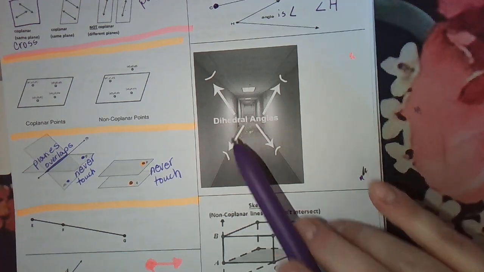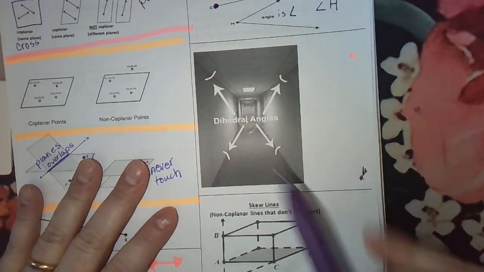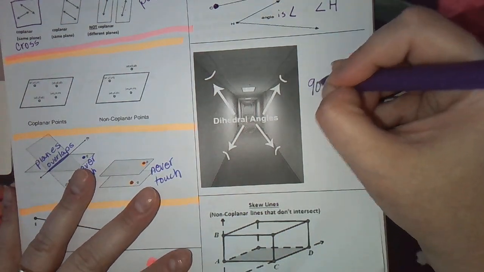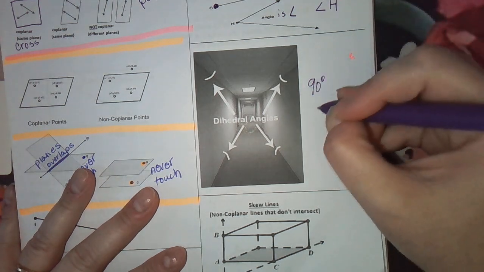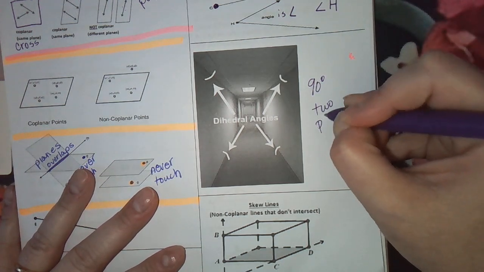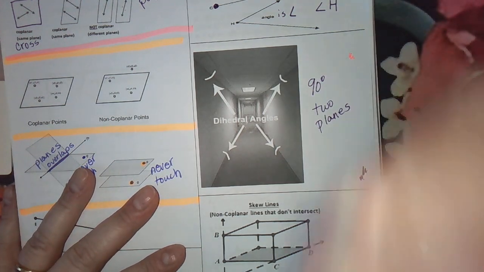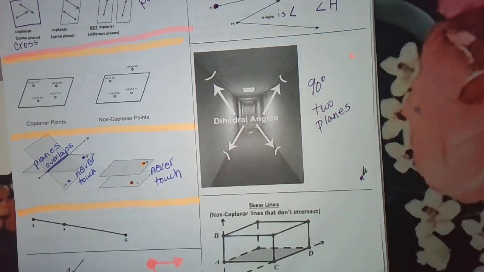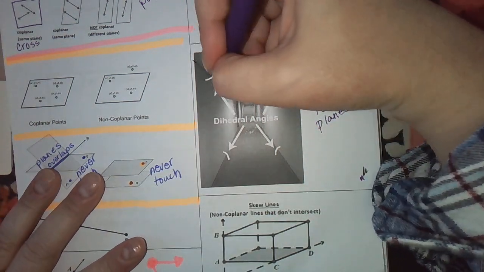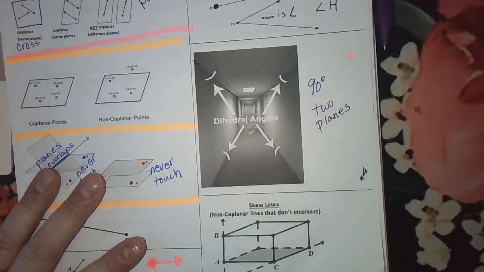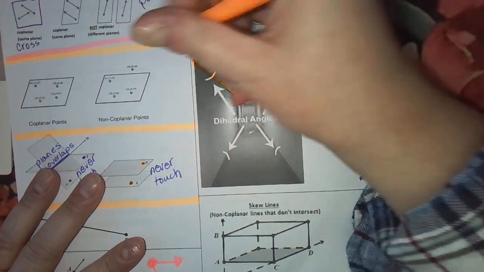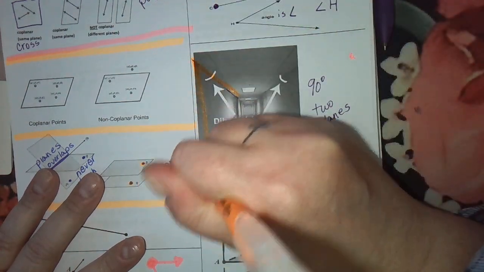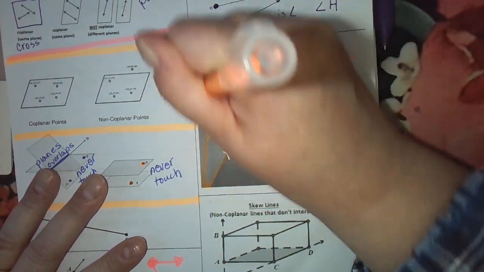There's these things called dihedral angles, and they make 90 degrees, and it's when two planes intersect. So if we look at this picture, it looks like we have a wall. Here's a wall. And that's one plane.